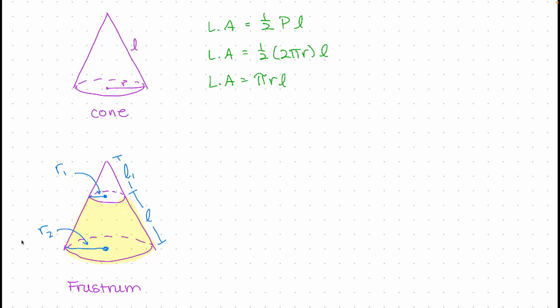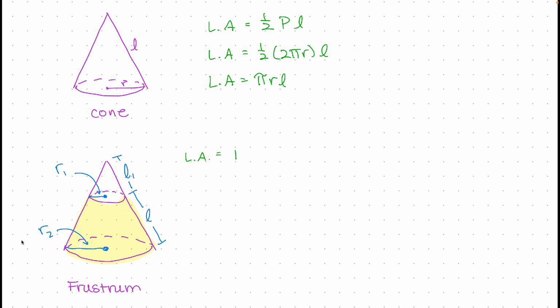Let's find the lateral area of the frustum. Okay, so the lateral area of the frustum is the lateral area of the big cone minus the lateral area of the little cone. Okay, so we got the big cone.